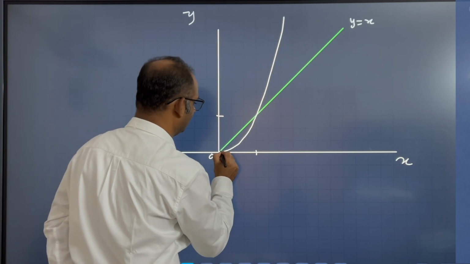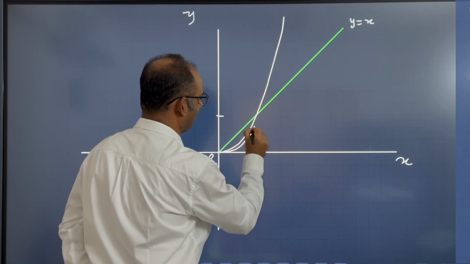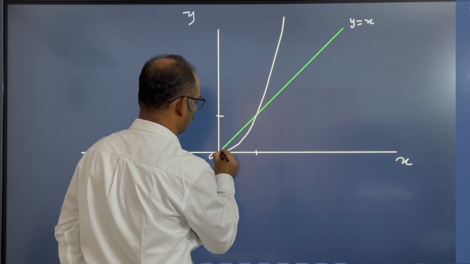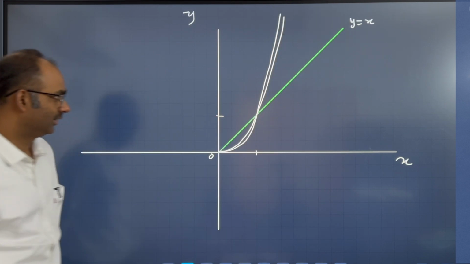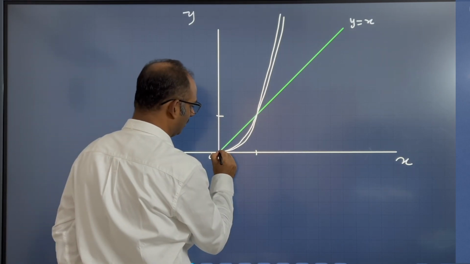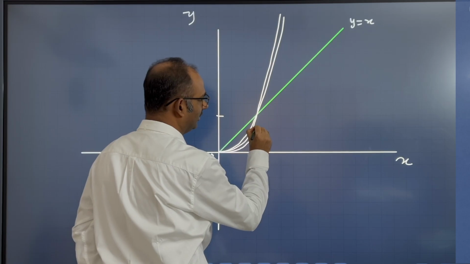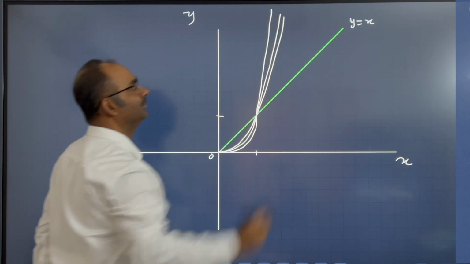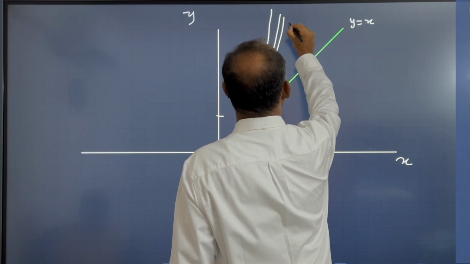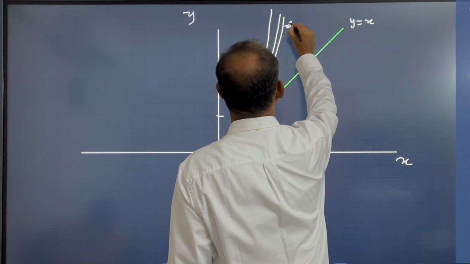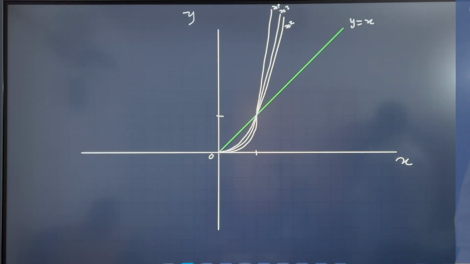So it will have this shape. Something of that sort. Let's draw x power 4. It will be even smaller for small values of x, but it will grow faster. So this is x square, x cube, x to the 4. I am not drawing for negative values.